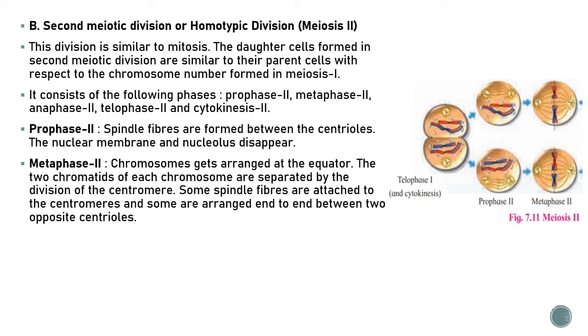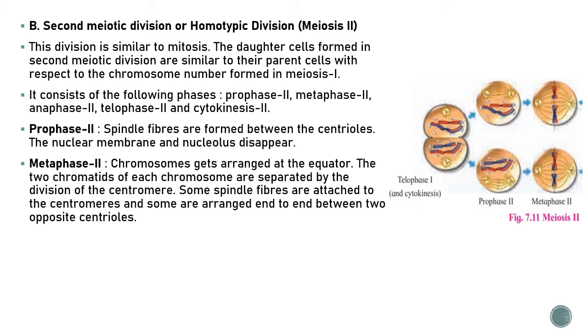You can see the diagram. The chromosomes will be arranged at the equator, that means the center of the cell. The two chromatids of each chromosome are separated by the division of centromeres.